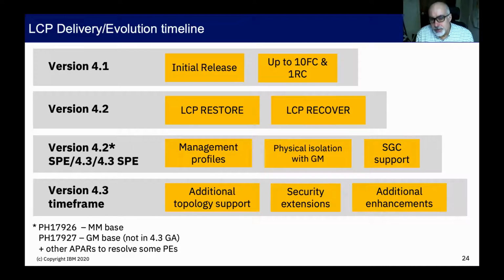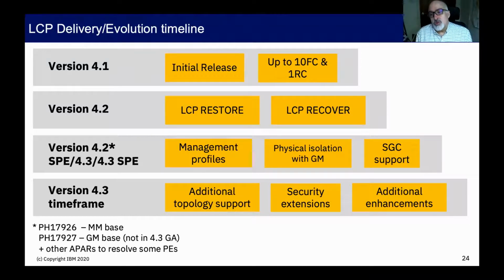4.2 SPE, so this was the support that came in at the back end of last year, delivered the safeguarded copy support. It provided the management profiles that I touched upon, I think, last year in this session, and enables you to define different characteristics for your different safe copy needs.